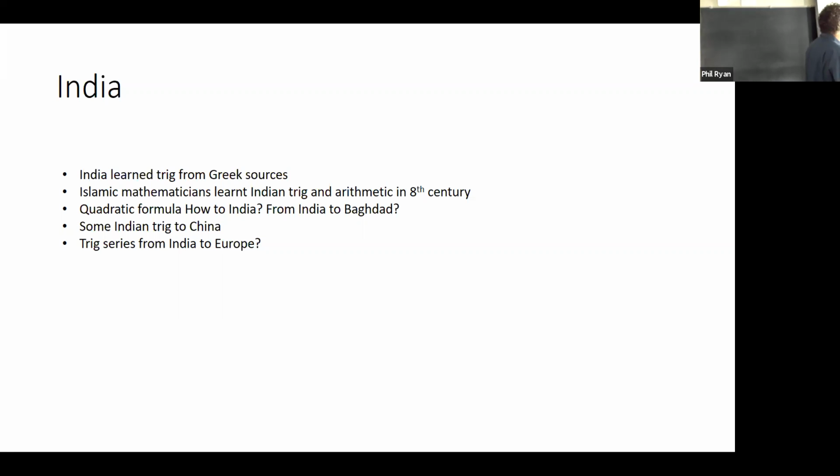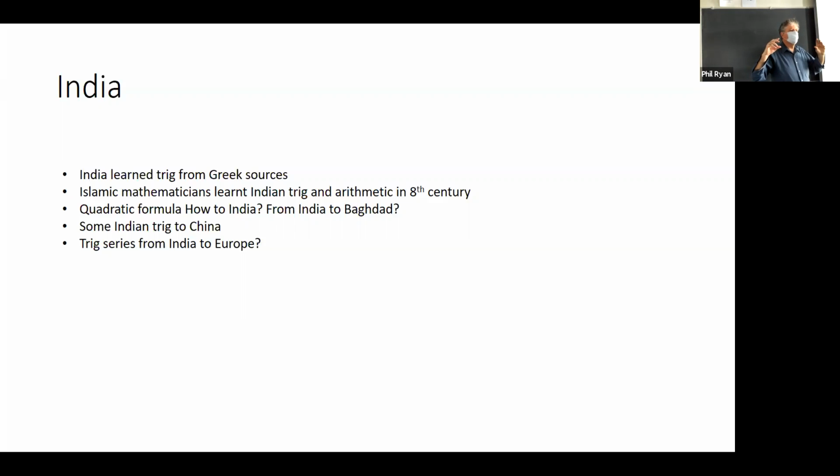We've got evidence of that. Really interesting is that in India in the 16th century, in southern India, they developed the power series for various trigonometric functions.